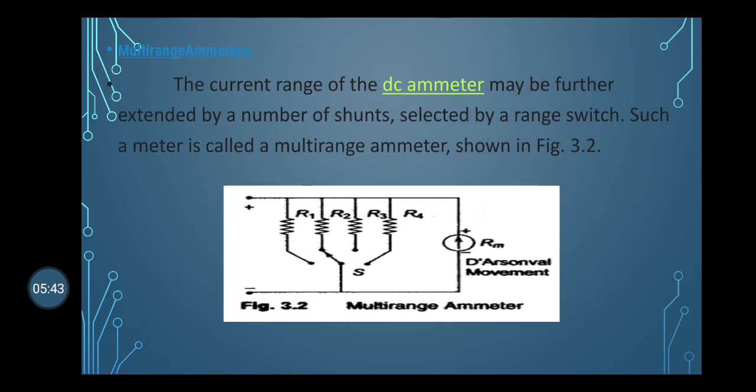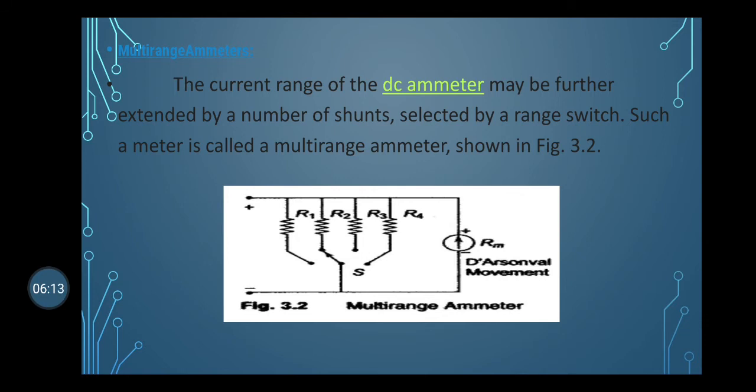Now here is the multi-range ammeter. As the name tells us, it is an ammeter with which different ranges of current can be measured. The different amounts of current can be measured by bypassing the main current through a specific resistance across the meter.